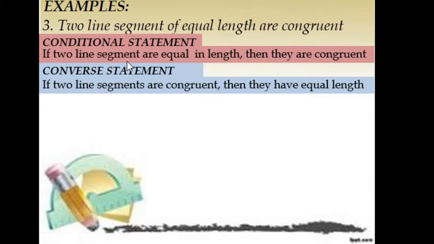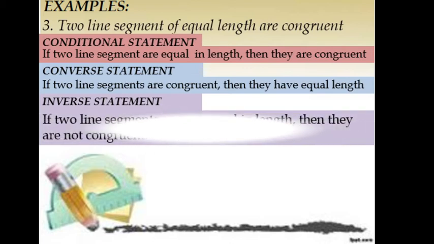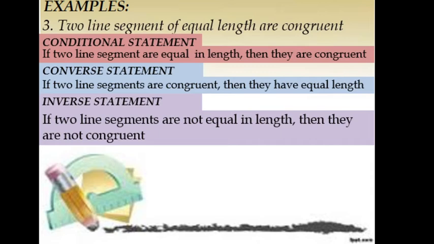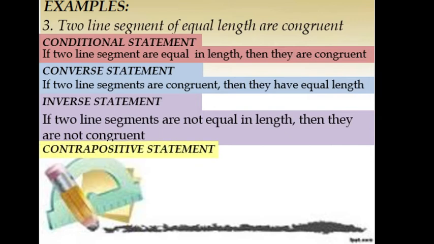So, again, pag gagawa tayo ng converse statement, lagi pong nasa unahan ang kaniyang subject or noun. Next, the inverse statement. So, if not P, then not Q. So, if two line segments are not equal in length, then they are not congruent. Next, contrapositive statement. So dito, again, sa ating contrapositive statement, pwedeng pagbaligtarin natin yung hypothesis and conclusion ng inverse.